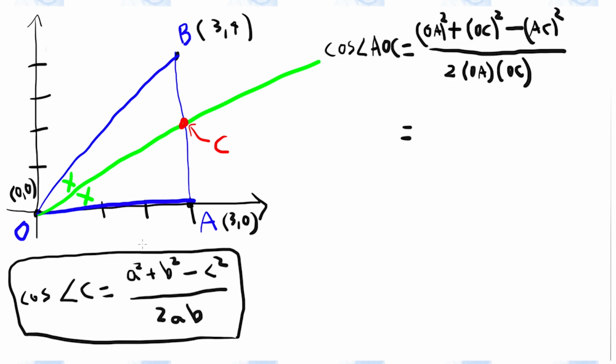We know that the length of OA is 3, so OA squared is 9. And we don't know the length of OC, and we also don't know the length of AC.